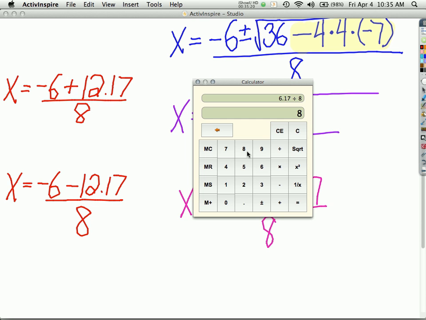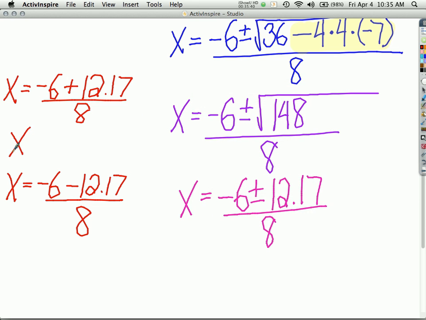Matthew? No, but then we divide by 8. Got to do the whole thing. Yeah, you get approximately 0.77. So one solution is approximately 0.77, and that's one of them.